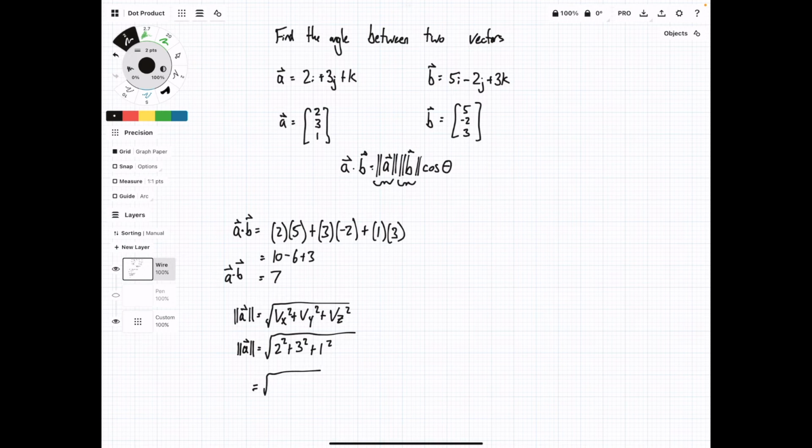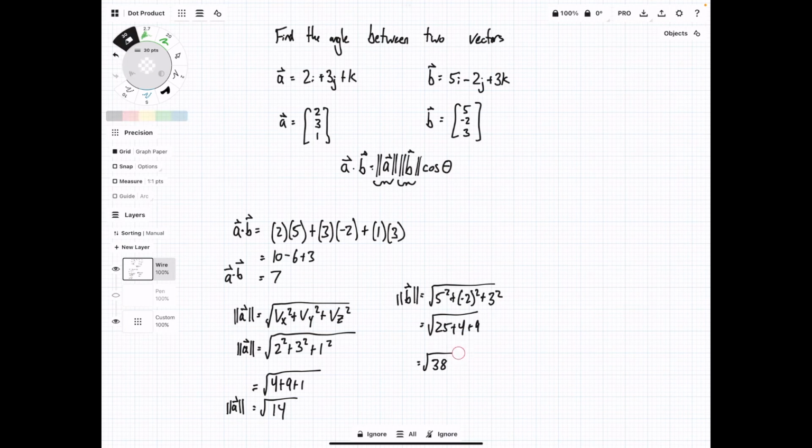So this is going to be the square root of 4 plus 9 plus 1 equals the square root of 14. And then we'll also need to find the magnitude of B. So this is 5 squared plus -2 squared plus 3 squared. So that's 25 plus 4 plus 9. That's going to be square root of 38.